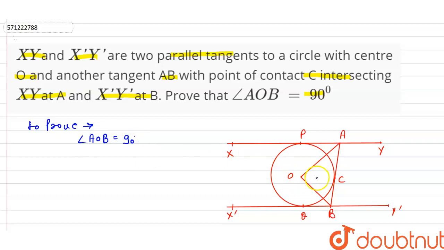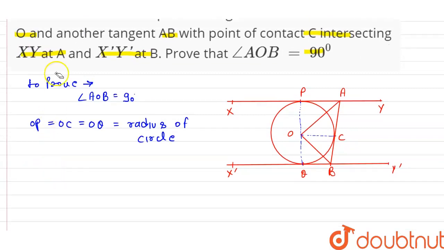For proving that, we first do the construction: we join O to C, P to O, and O to Q. So OP equals OC equals OQ, as these are all radii of the circle. Now consider triangle OPA and triangle OCA.